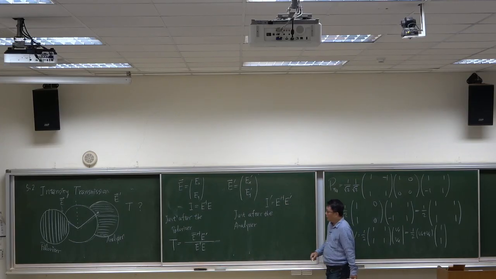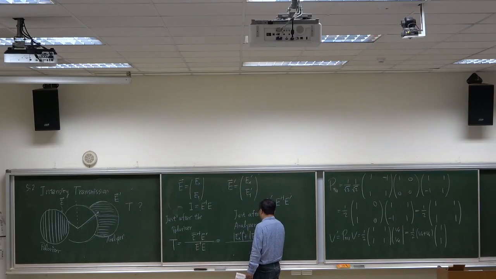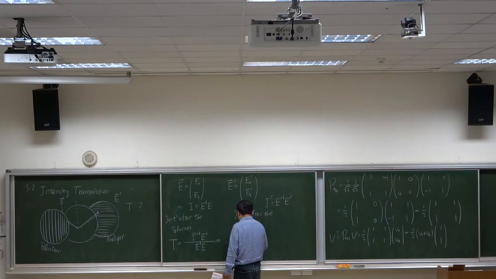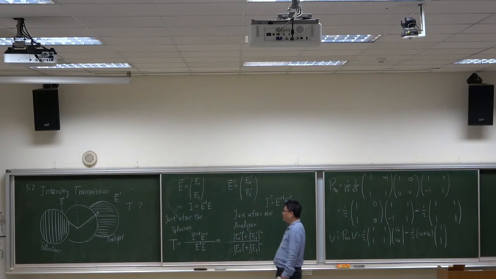Okay? Or we can write this as E x prime squared plus E y prime absolute square over E x absolute square plus E y absolute square. Okay?